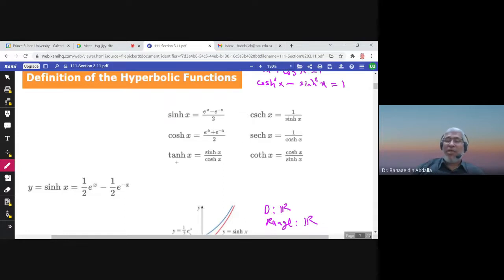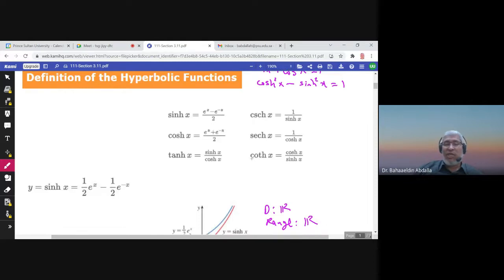And the hyperbolic tan would be the hyperbolic sine over the hyperbolic cosine, similar to the trigonometric function tan x, which is equal to sine x over cosine x. And the hyperbolic cotan would be 1 over the hyperbolic tan, or just cosh over sinh.